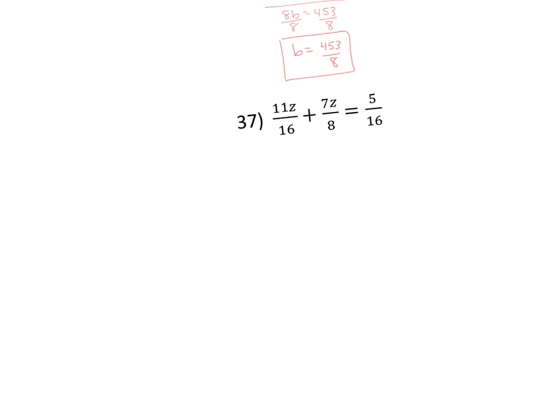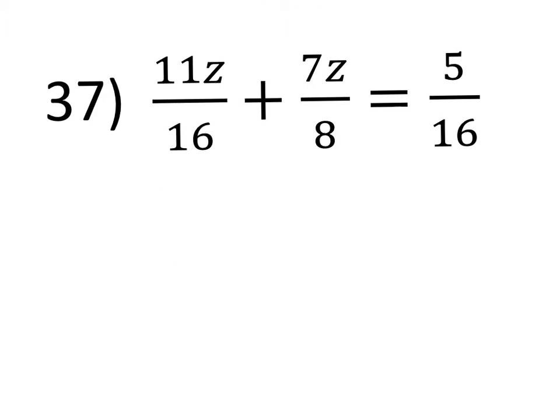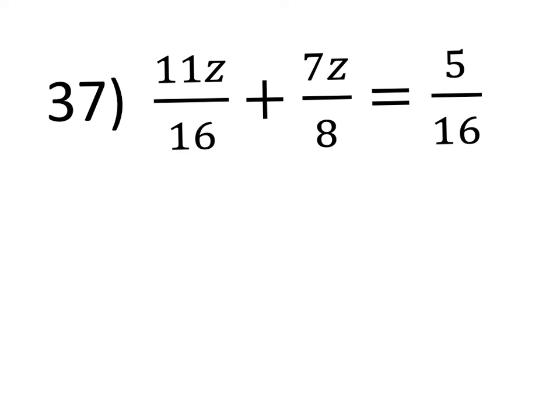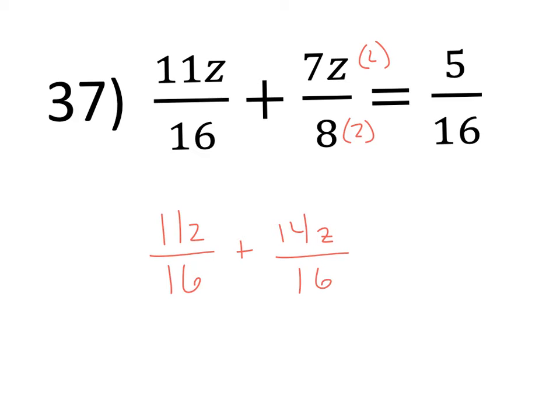Okay, number 37. My common denominator on this one is going to be 16. So 11z over 16 is still good. Now I'm going to multiply this one by 2 and end up with 14z over 16. Here I already have 16 on the bottom, so I'm just going to leave it as 5/16.